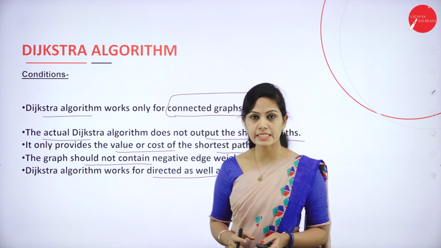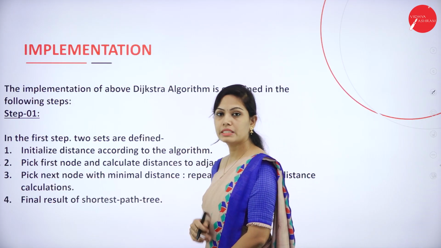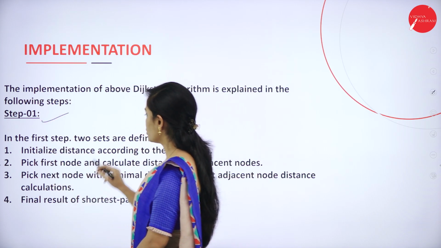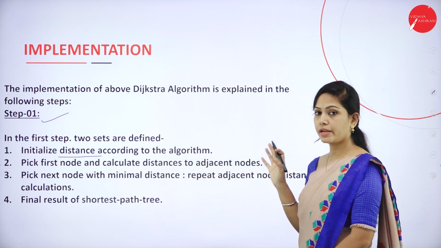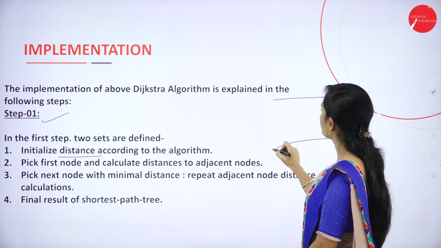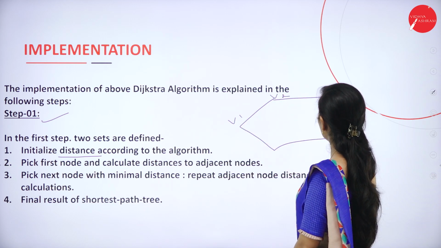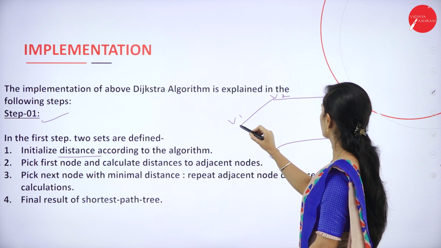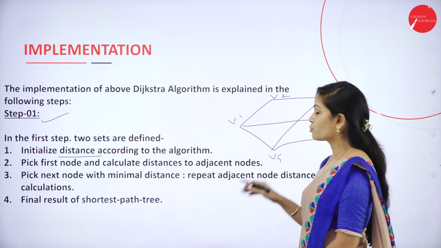So let's understand Dijkstra's algorithm step by step. How to implement it? Step 1, in the first step, two sets are defined. This algorithm can be applied only to directed and undirected graphs. Example, here V1, V2, V3, V4, V5, so this is one directed graph.